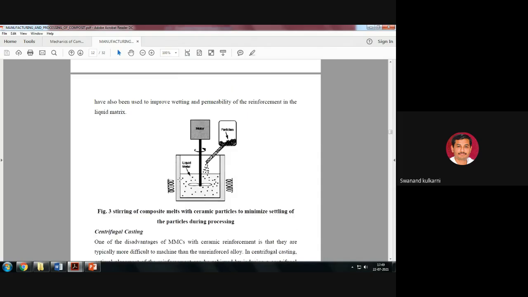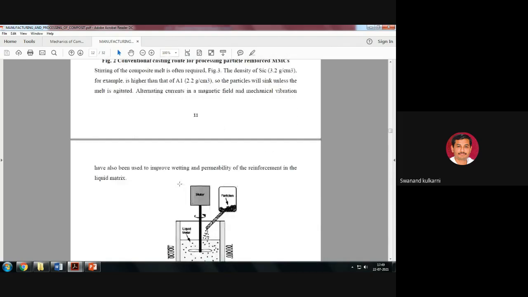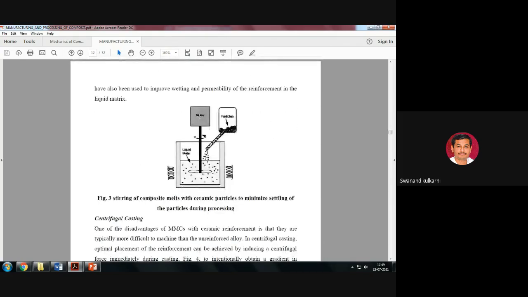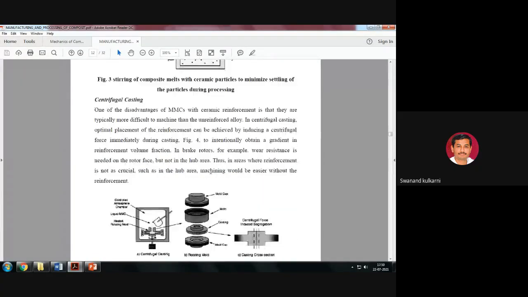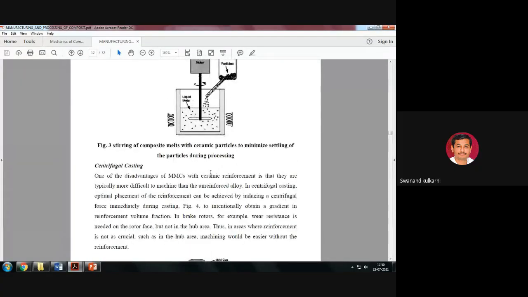This is called the stir casting method. Is it okay? So in this stir casting method, what is done? One stirrer is used here, and the stirring process is carried out. Particles are added here, and then these particles and the reinforcement get mixed together in order to form small pieces of this composite material.